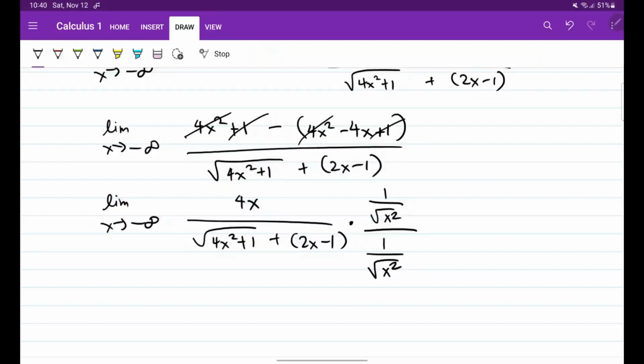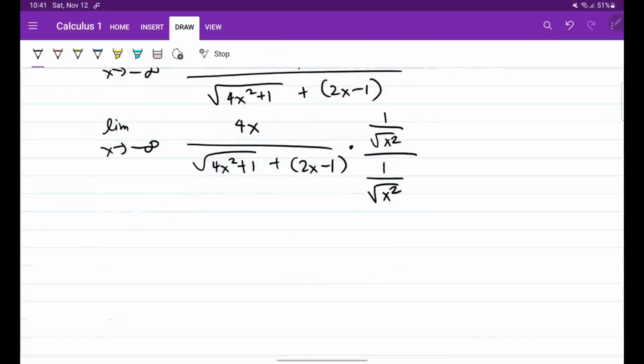We multiply by it because we have a term here with x squared, so we can combine our terms. But before that, we need the definition of square root of x squared. When we say square root of x squared, it's not just equal to x. This is equal to the absolute value of x.